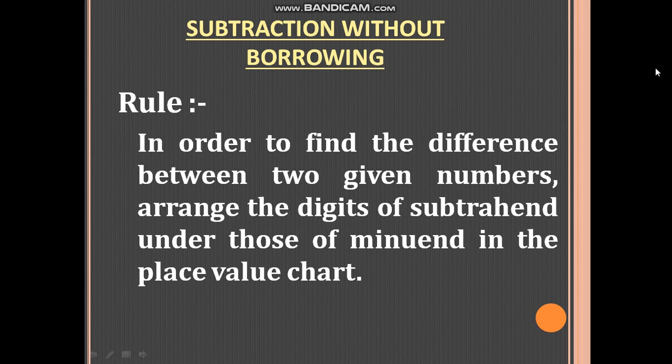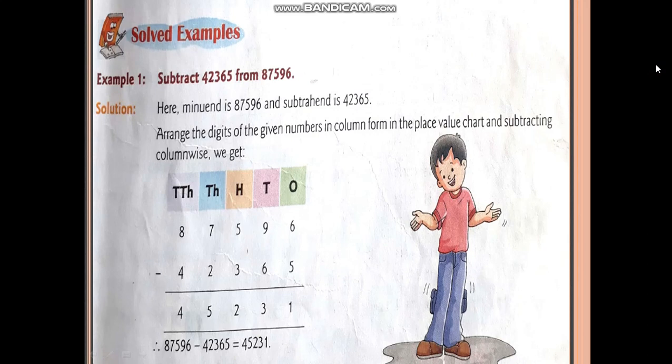of subtraction without borrowing. In order to find the difference between the two given numbers, arrange the digits of the subtrahend under those of the minuend in the place value chart. As here one example was given to you: subtract 42,365 from 87,596.